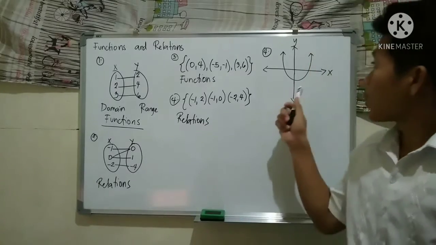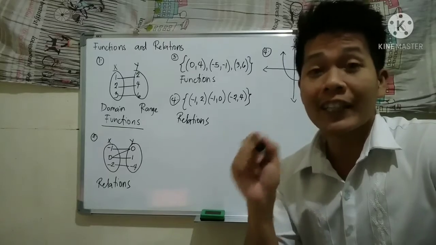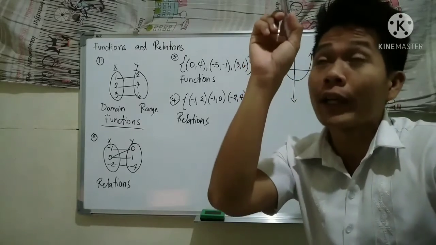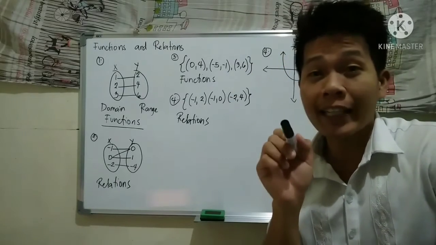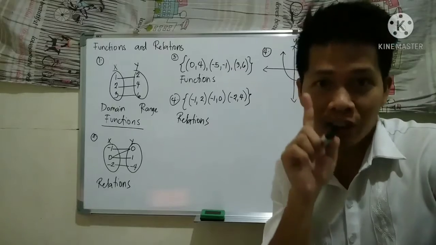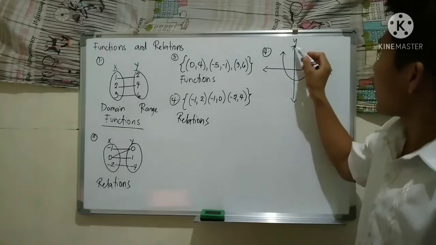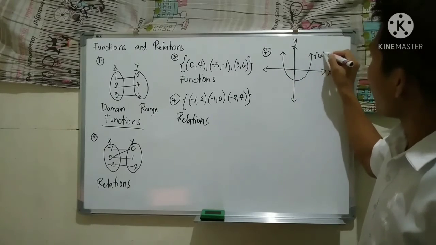Okay, for graphs, we only have to do the vertical line test. Vertical means we draw a line from top to bottom. If it touches the graph only once, it is a function. So for example, this is our Cartesian plane and this is our graph of f of x.